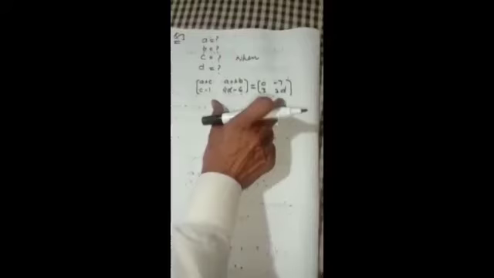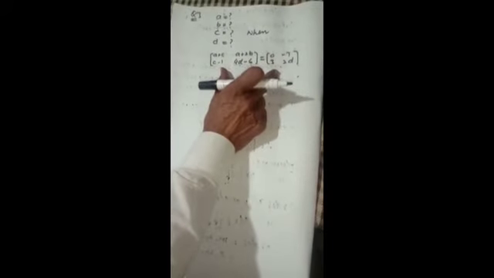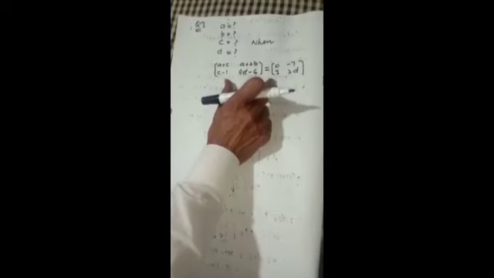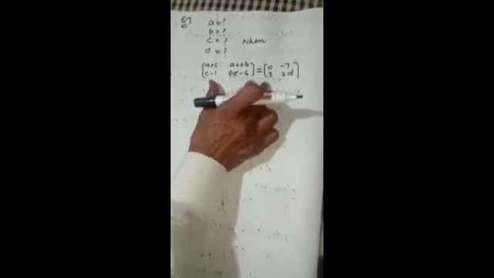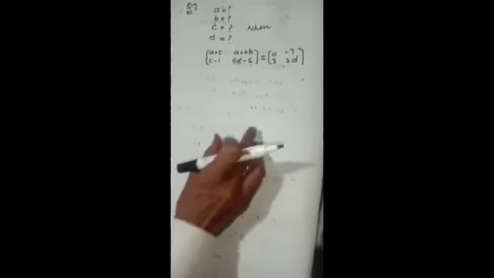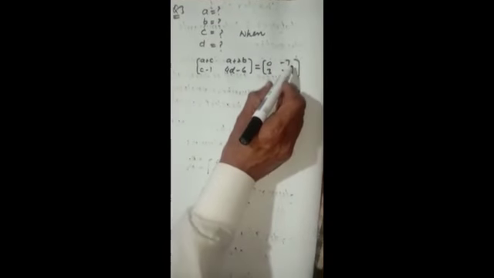We are seeing, dear students, that both matrices are equal to each other. That is the given condition in the question. So according to the definition of equal matrices, corresponding entries will be equal to the corresponding entry of the other matrix.